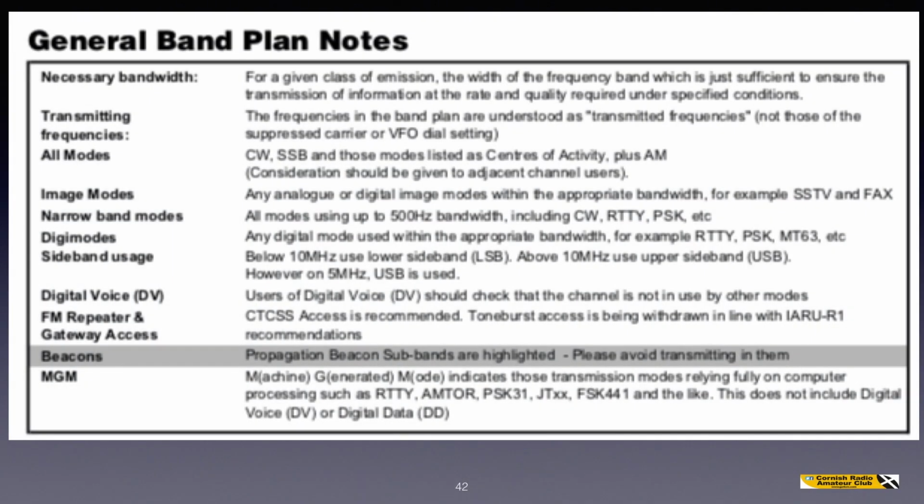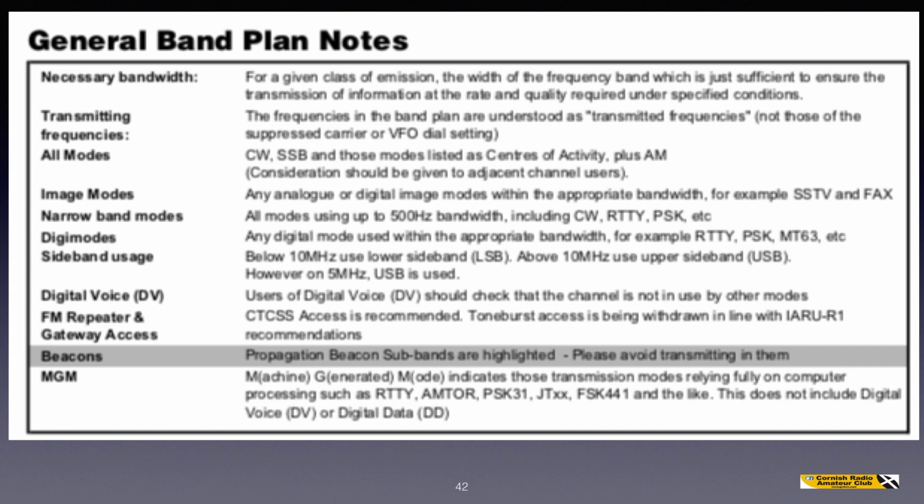So, general band plan notes, these apply to all band plans. An obvious one says for a given class of emission, the width of the frequency band which is just sufficient to ensure the transmission of information at the rate and quality required under specified conditions. So that's the definition of the necessary bandwidth. Once again, I would read these through. The one on beacons, for example, says propagation beacon subbands are highlighted.